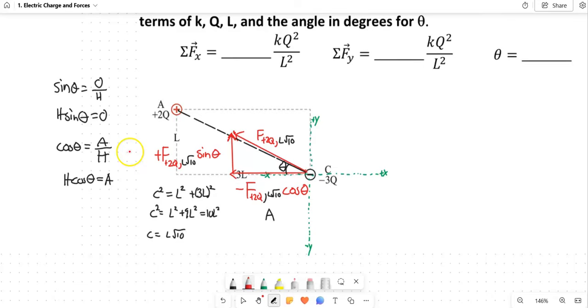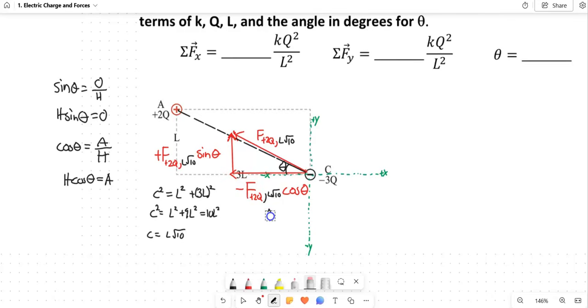So this is our opposite side. Again, if you had a hard time with this, please watch those two videos on reviewing trigonometry and also addition of vectors. It will help you out.